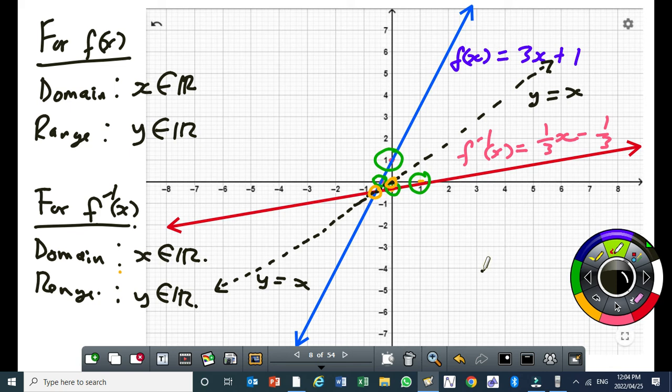Sketch the graphs of f of x equal to minus 3x plus 6 and its inverse. Okay, can you start working on that?